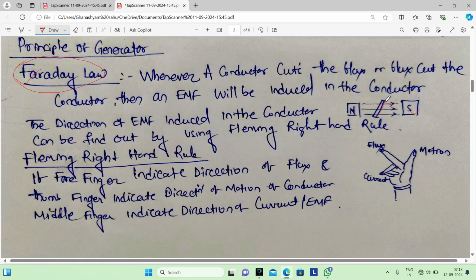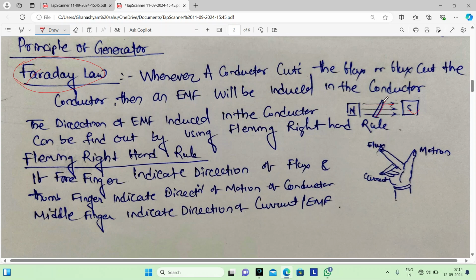This conductor is placed slanting, and it rotates. Whenever the conductor cuts the flux, or the flux cuts the conductor, then an EMF will be induced in the conductor. In this conductor, an EMF, that is electromotive force, will be induced.